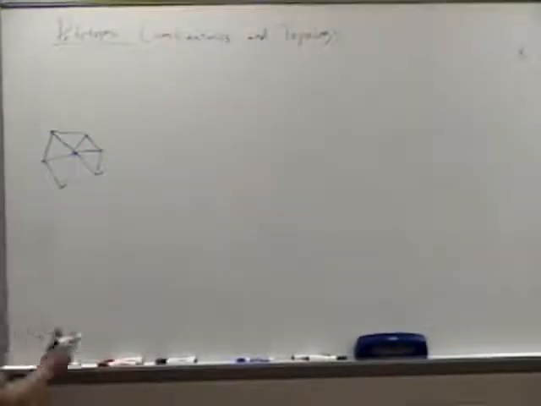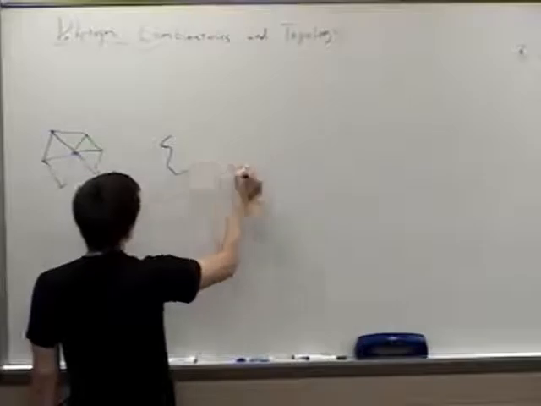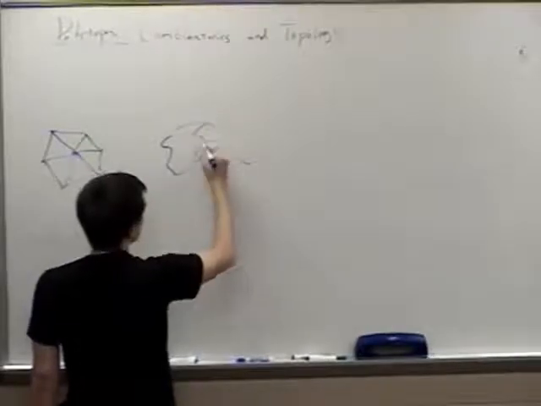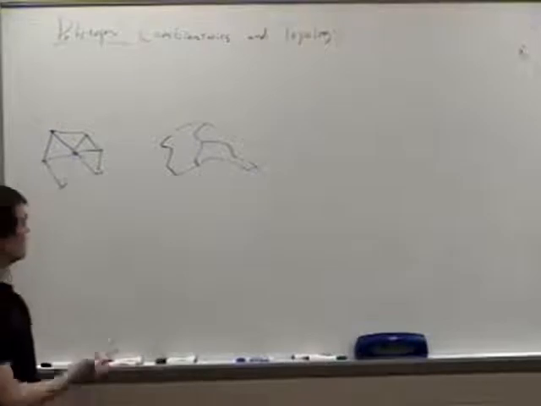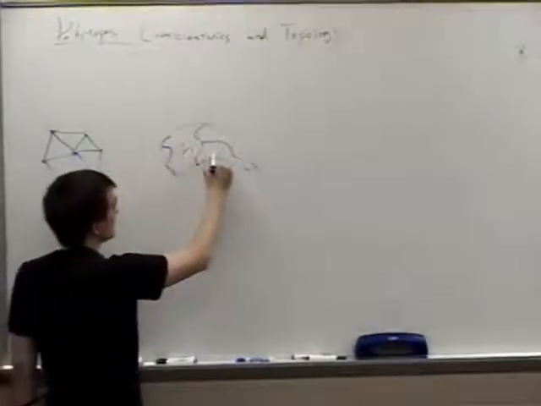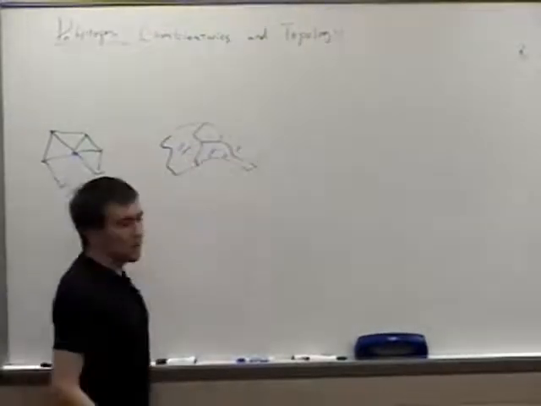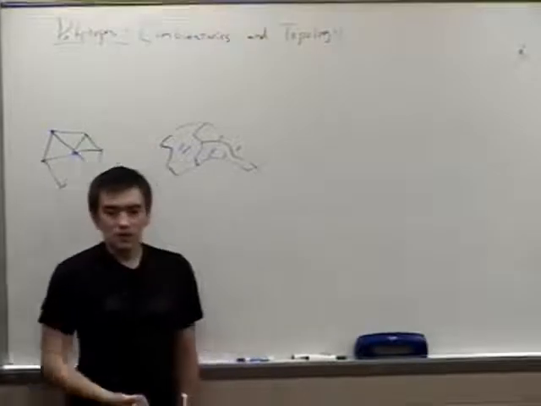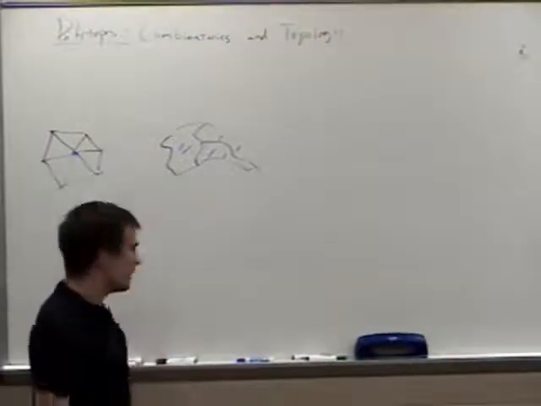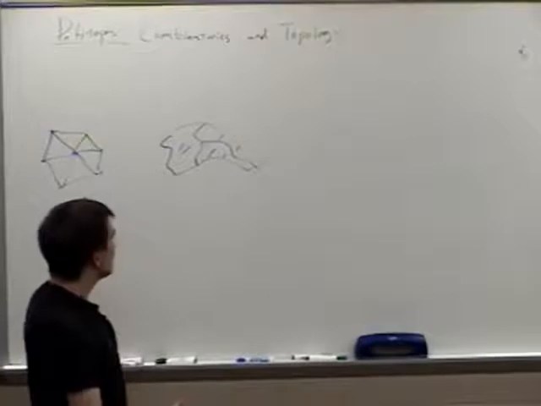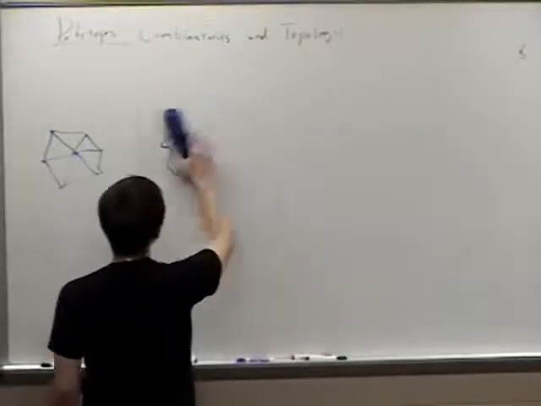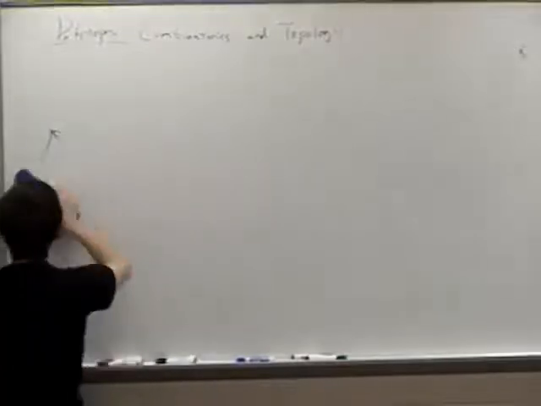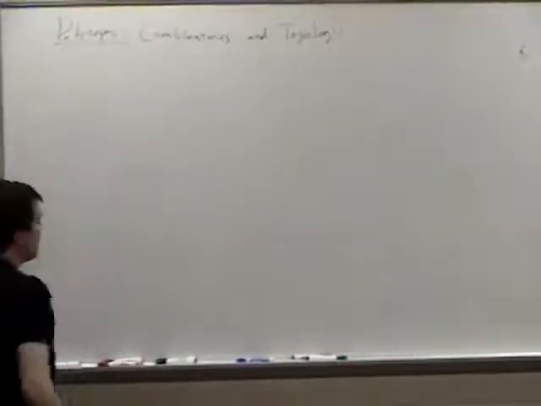Or if you have, say, like a map, this is maybe some geographic region partitioned into tinier pieces, then you could think of each of these countries or regions in your map as being some cell. And so these sort of cell complexes show up in a lot of geometric applications. All right, so that's kind of the high-level idea of what these things are.